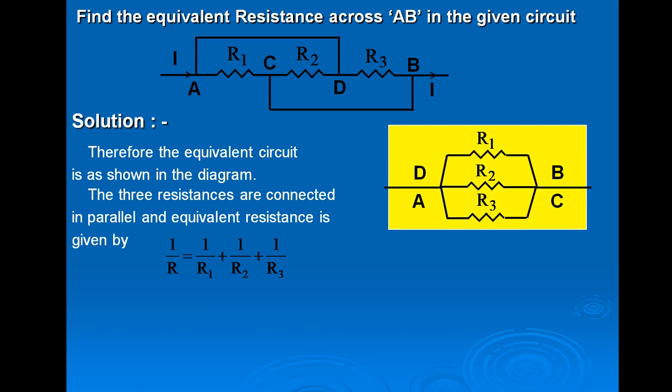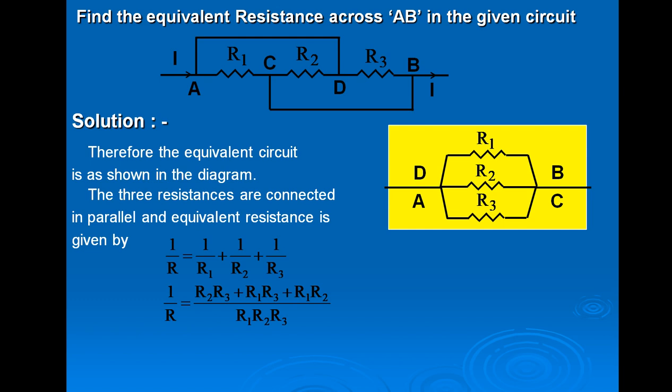In the right hand side, take LCM R1 R2 R3, and in the numerator we get R2 R3 plus R1 R3 plus R1 R2.